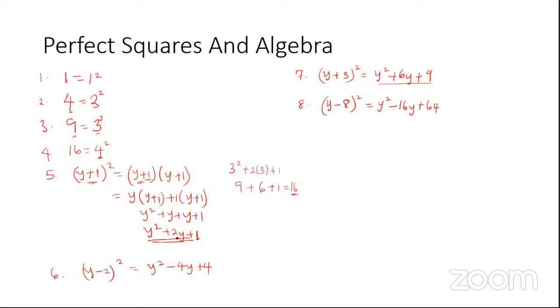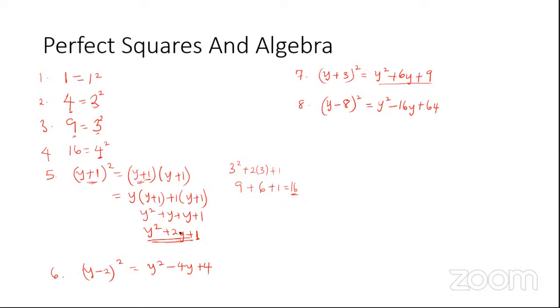How? Just come to the second term and look for the coefficient of y, the coefficient of the variable. The variable here is y. The coefficient of y here is the number beside y. That is plus 2. Look at the plus 2 and divide it by 2.